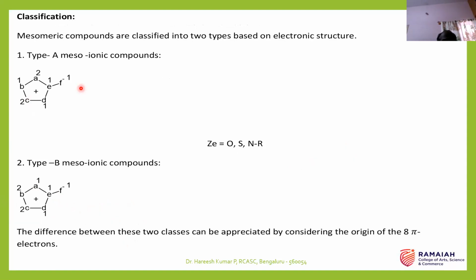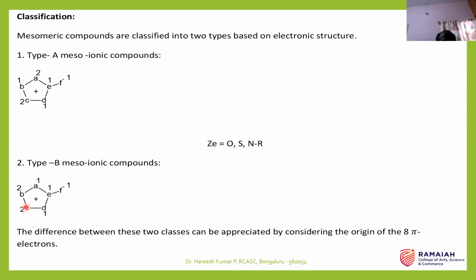If you look at the classification, it can be classified into two categories: type A meso-ionic compounds and type B meso-ionic compounds. If similar heteroatoms are present at the 1 and 3 positions, that means not adjacent, such ones are called type A meso-ionic compounds.